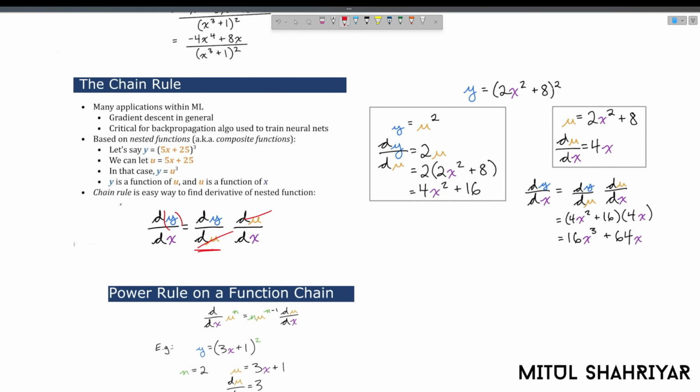And this is still dy/dx. But if we don't remove them, we can see there are two differentiations we have right now. One is d/du of y, another is d/dx of u. So something like that.